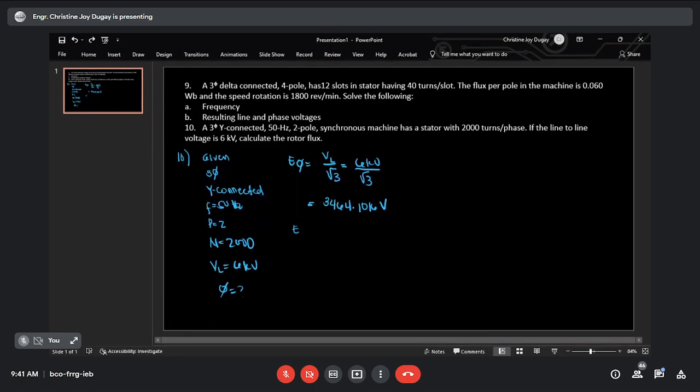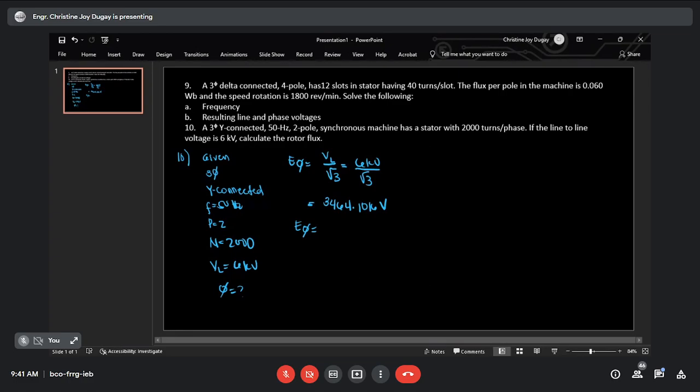Okay, so what is the equation we are going to use to solve for the rotor flux? Meron tayong E phase. So pwede natin kunin ang equation ng E phase natin. So E phase natin, that is equal to, anong formula po natin for E phase?